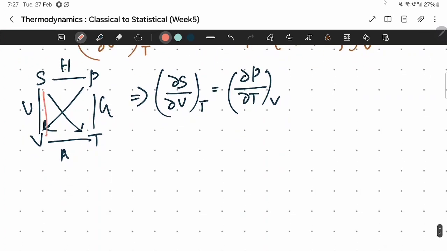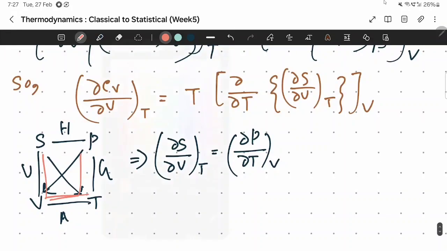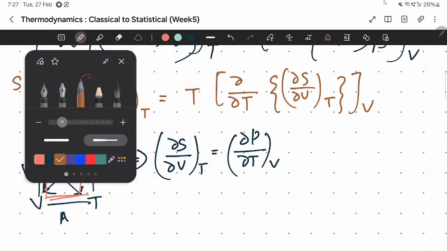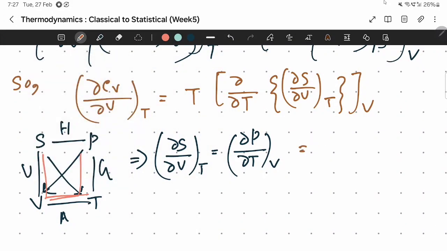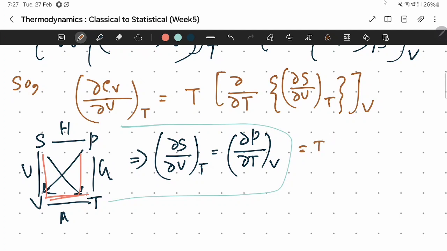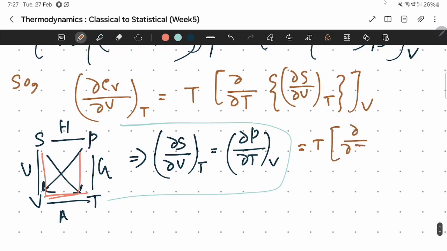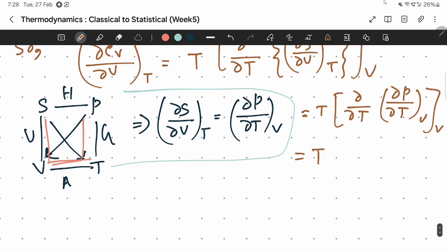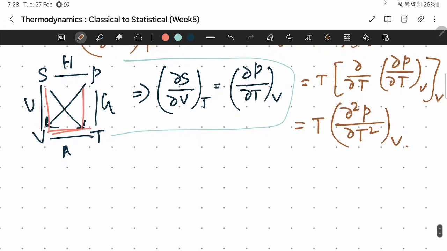So if you put it here, it will be T into del/del T of del P/del T at V. Eventually it is T del2P/del T2 at V. So this is option B.